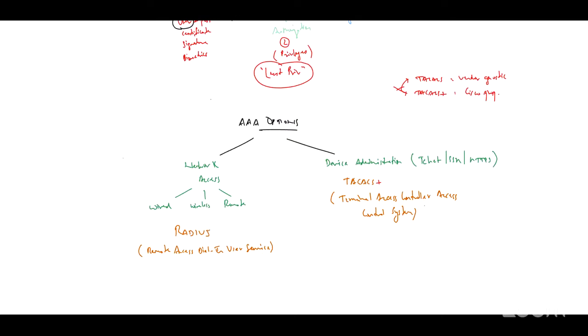Privilege level 15 is typically the privileged exec mode. So I can have differentiated levels of access. Maybe L2 or L3 folks, I want them to have privilege level 15. And L1 should only have privilege level 1 access when they try to SSH or telnet into a router or a switch on the network.